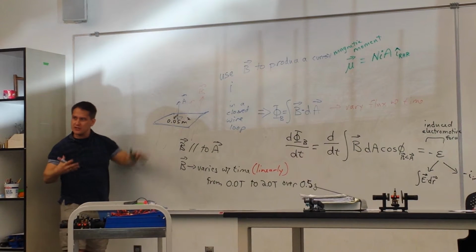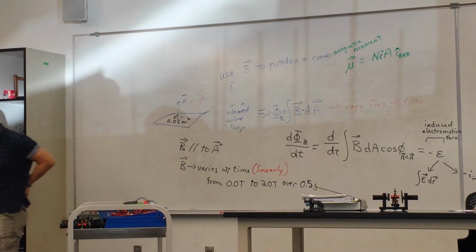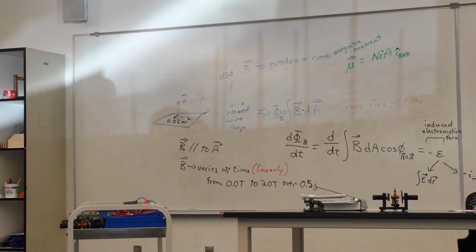So what it means in principle is, when you generate current, it takes work. It doesn't produce work. When you change the magnetic field, the current that's produced actually opposes the change in the magnetic field. It resists it.